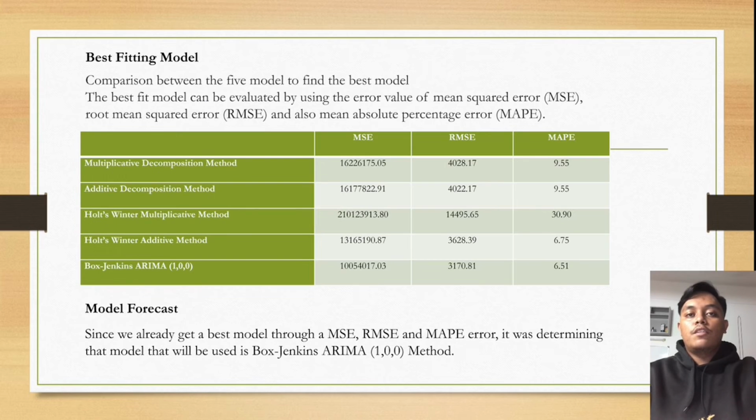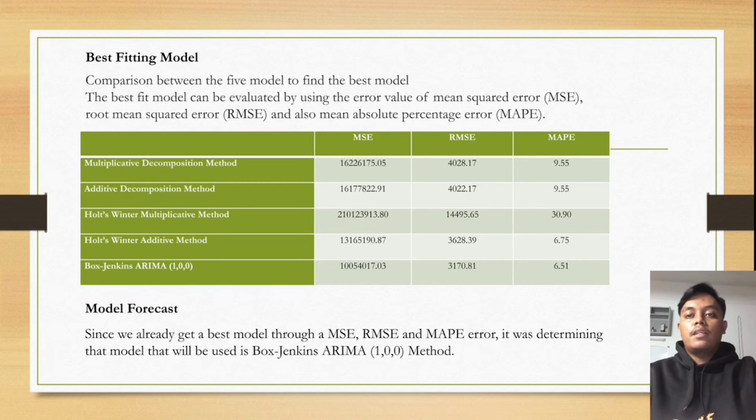Okay, next for the best fitting model. We do a comparison between the 5 models, which are the multiplicative decomposition method and additive decomposition method, exponential smoothing including the Holt-Winters multiplicative method and Holt-Winters additive method, and Box-Jenkins ARIMA, to find the best model.